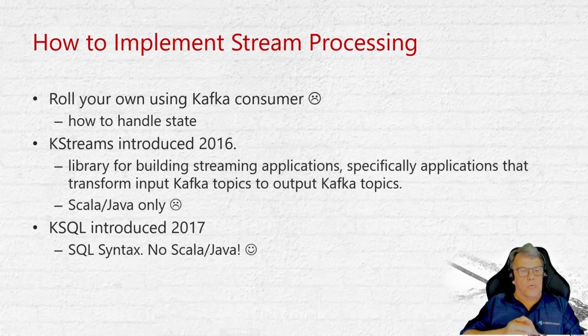The downside with K-streams is that it is Scala or Java only, right? And it is hard. Well, it is programming. It is hardcore programming, as hardcore as Scala and Java can be, obviously.